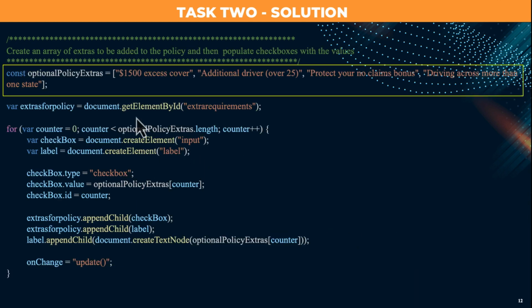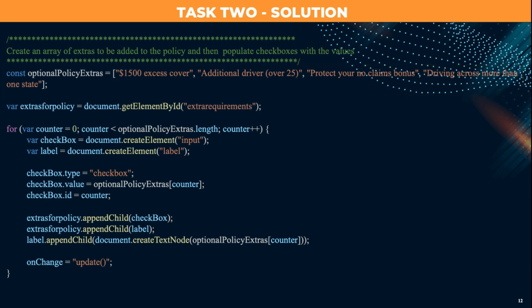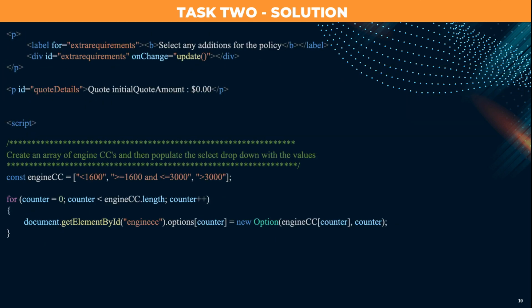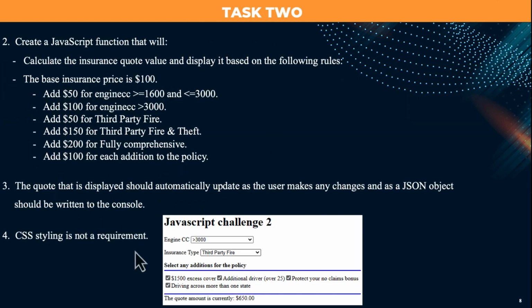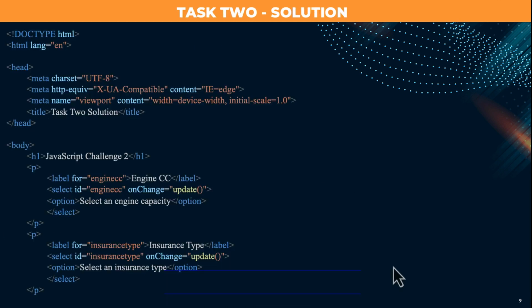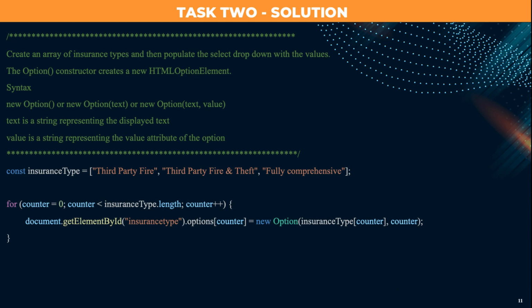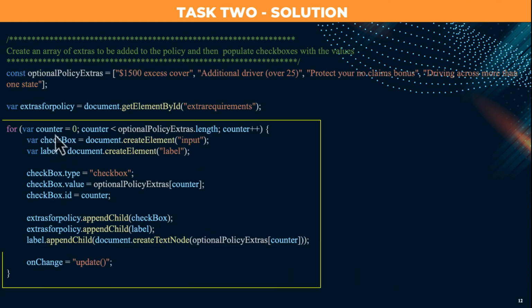And then the next part is where we have the optional extras. So the optional extras is again an array, and in this case what we want to do is create it as a checkbox. So if we move back, we can see that it was checkboxes in the diagram, 4 checkboxes. So we're going to iterate again, and we're going to say, okay, how many items are in this array?